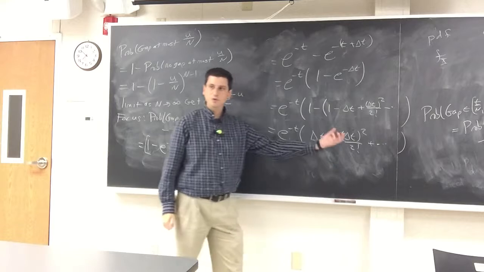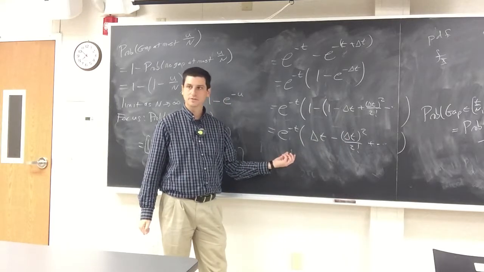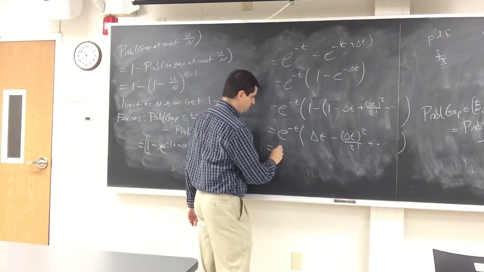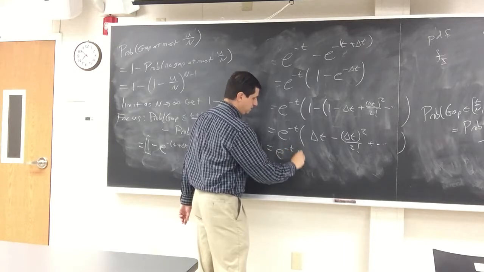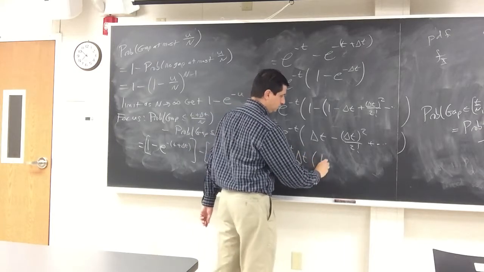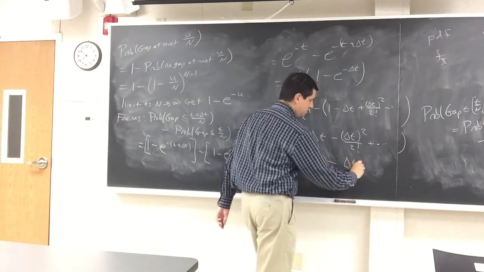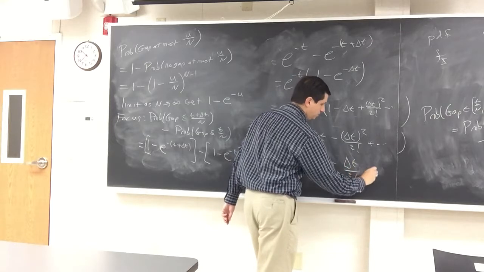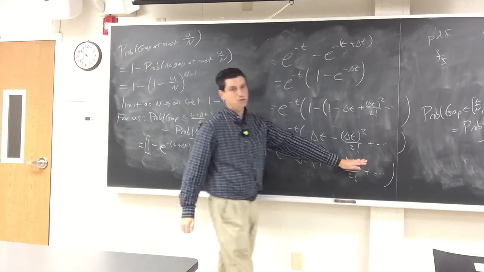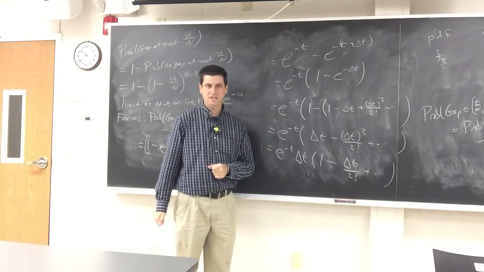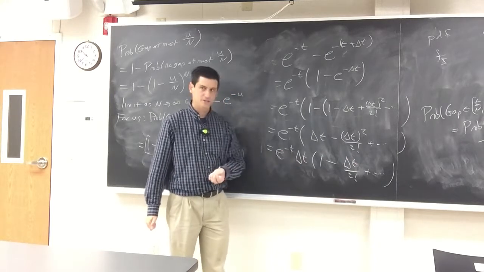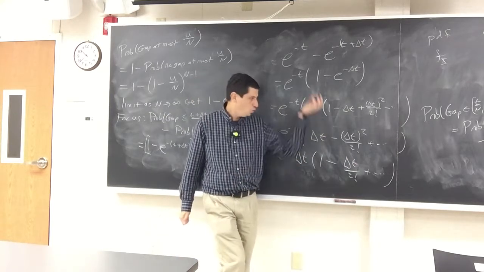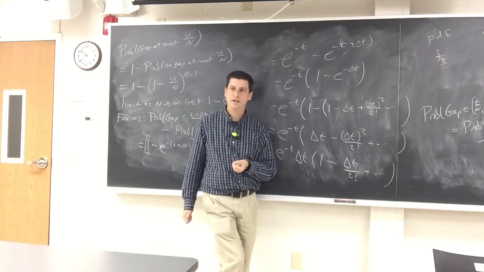And remember what we did before is we divided by delta t. So if I pull out the delta t, I have e to the minus t delta t, 1 minus delta t over 2 factorial. All this stuff will go to 0 as I send delta t to 0 after I've divided by delta t. And so we recover exactly the same thing we had before.